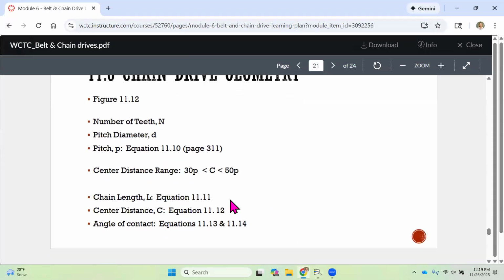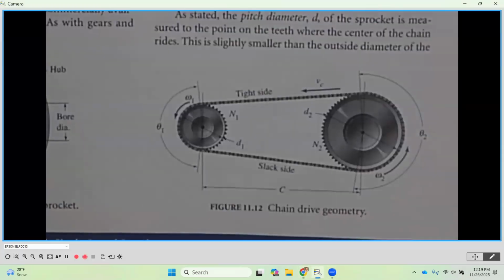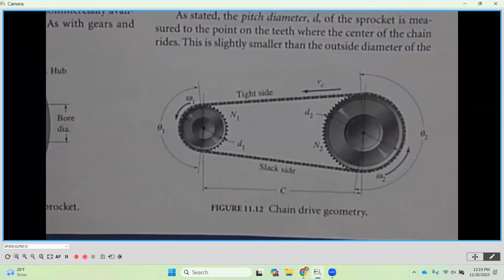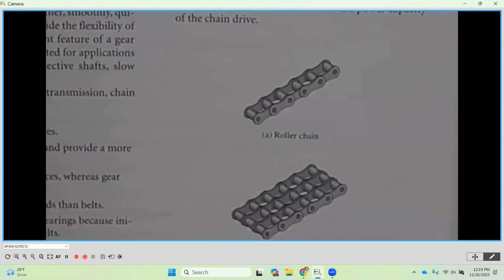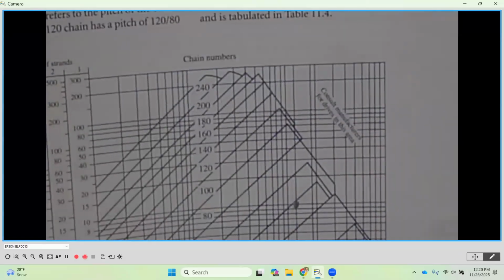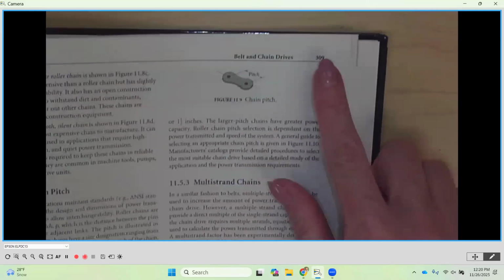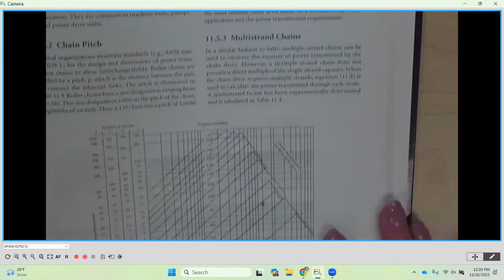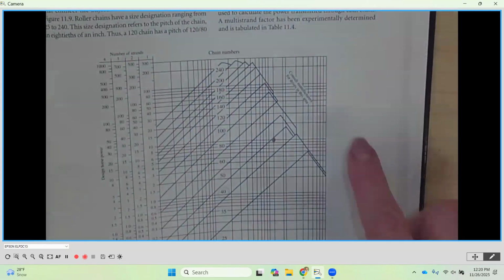Now, to specify a full drive, the things that we have to specify are, first of all, the pitch. So the pitch is going to be determined by, on page 309, sorry, I'm going to make this a little larger. So on page 309 here, you're going to notice that we have this chart.